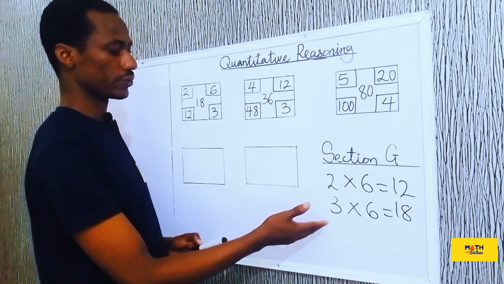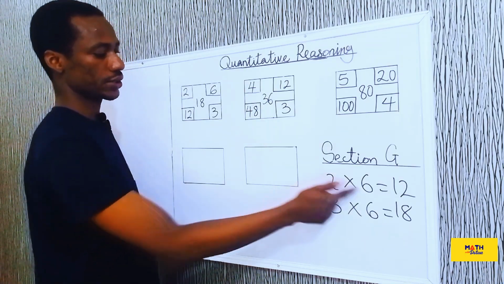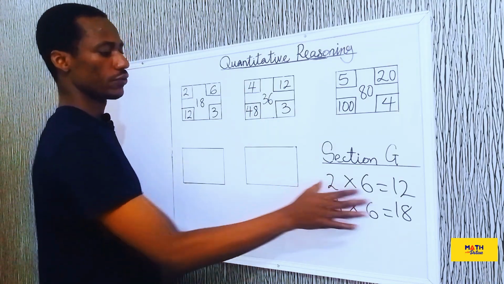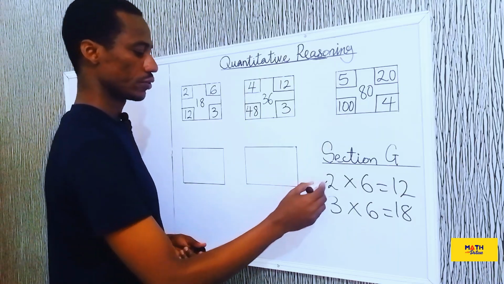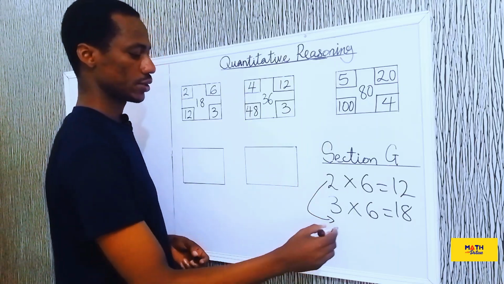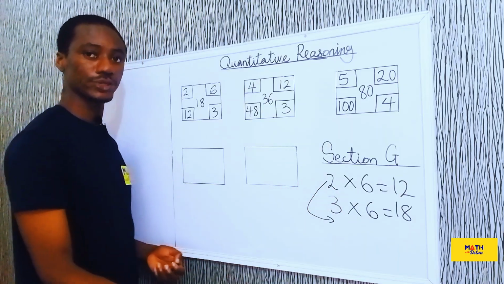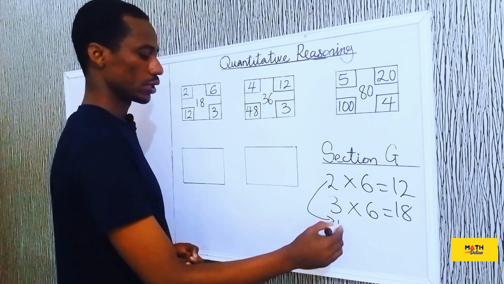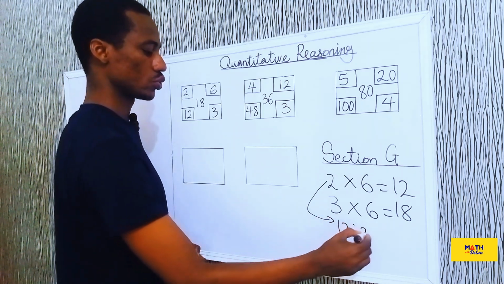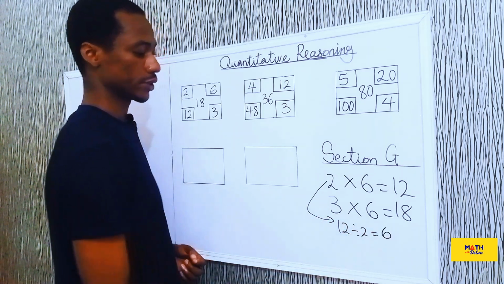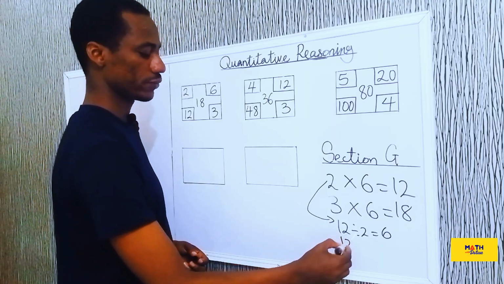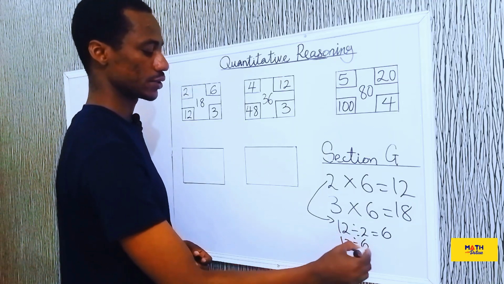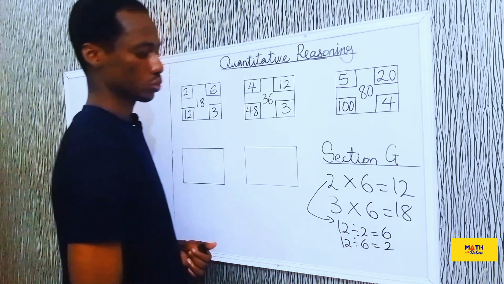So let's look for how to get 6, 3, and 2. So from this, we know that since 2 times 6 is 12, then 12 divided by 2 will give us 6, and then 12 divided by 6 will give us 2.